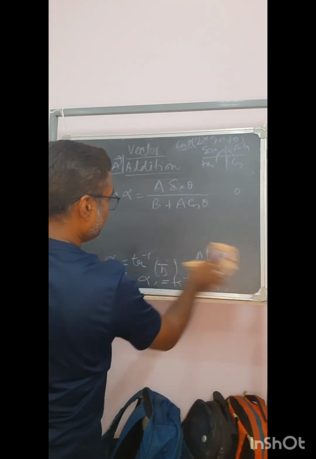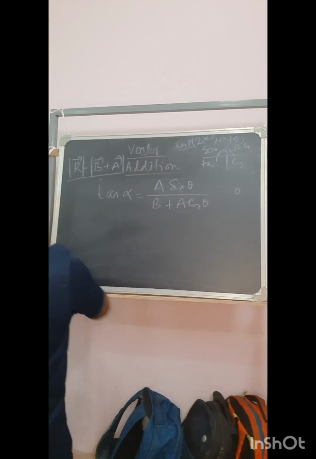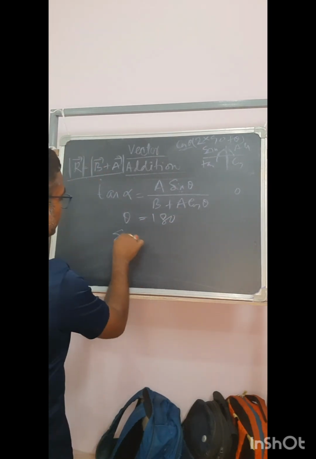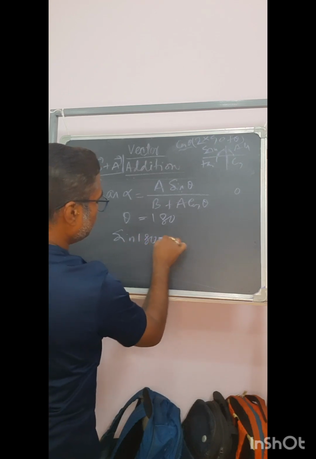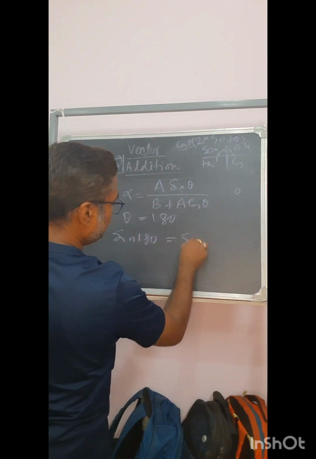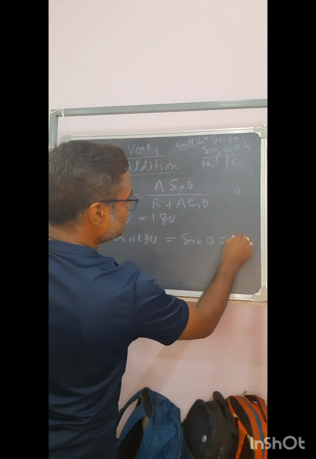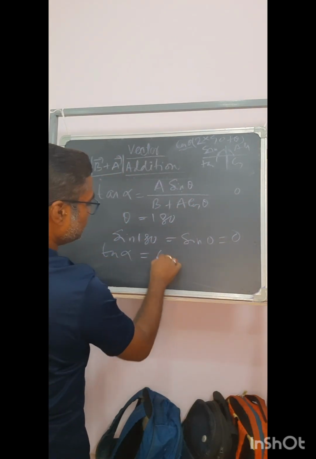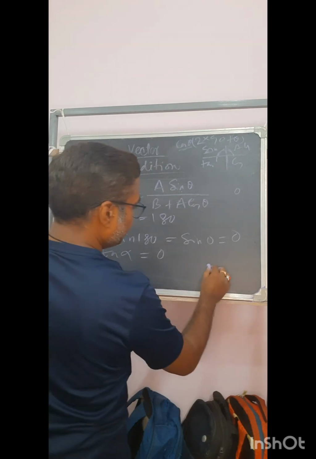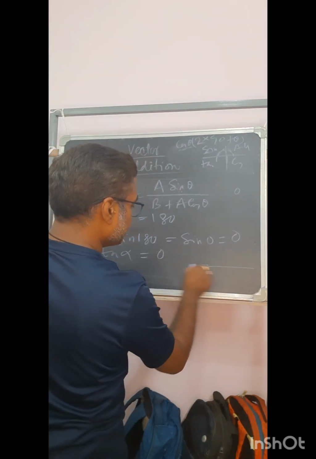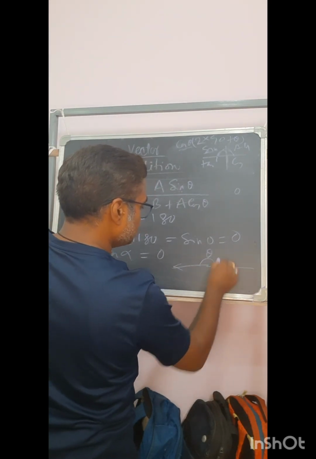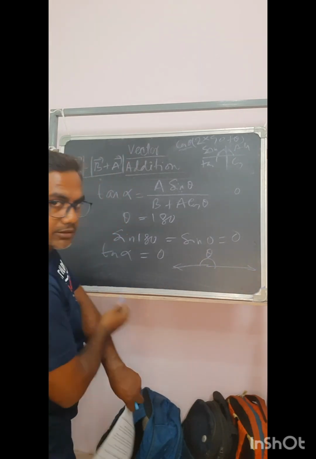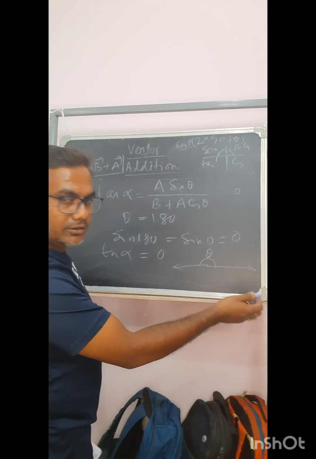The case where theta is 180: sin 180 will become sin 0, that means 0. So again tan alpha is equal to 0. So if in case the vectors are acting in the opposite direction, the resultant will act towards the bigger one.